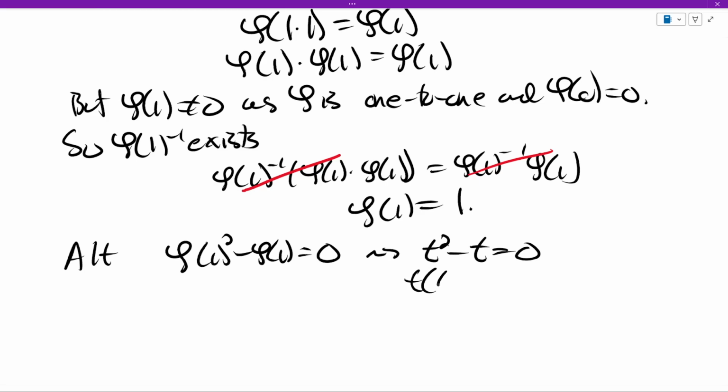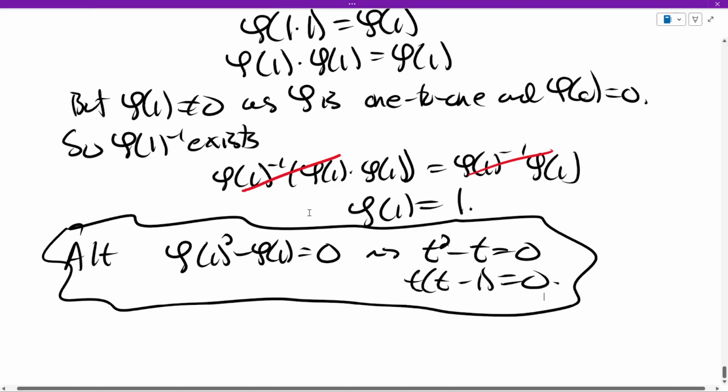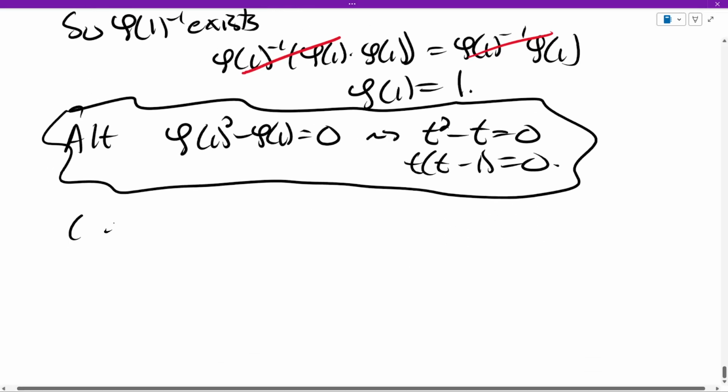And that has two options. It's t is 0 or t minus 1 is 0. Okay, so phi of 1 is either 0 or phi of 1 is 1. Those are the options. That's another way of doing it. That's how your book does it. Okay, so let me put that in a bubble. And I'll let you look at the book for how that proceeds. Or figure it out yourself.